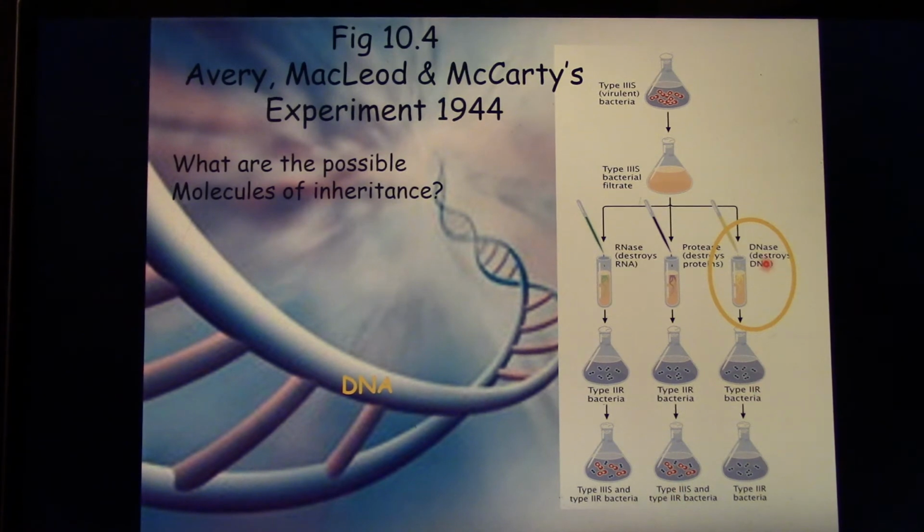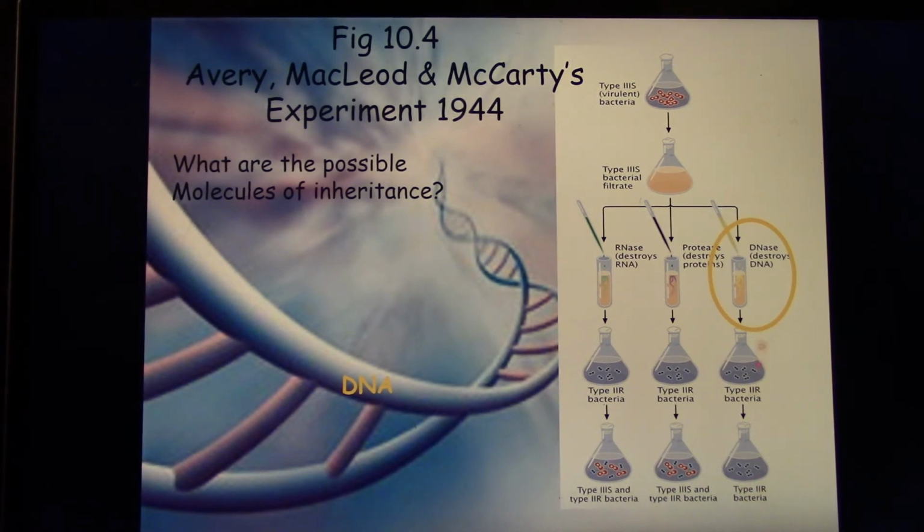And so they got rid of DNA using an enzyme called DNase. It destroyed it. They treated the rough bacterial strain with this filtrate and asked the question, do we get transformation to the lethal, virulent, pathogenic strain? And as you can see from this bottom flask down here, there are no red virulent bacteria, only the rough, non-virulent bacteria.